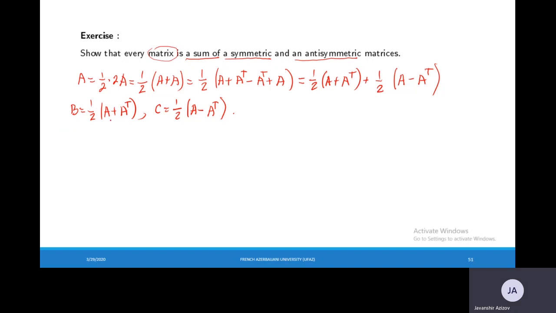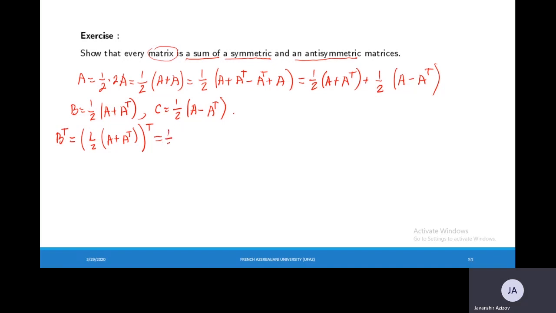Let's find the transpose of B. The transpose of B will be the transpose of this expression. Here we use the properties of transposition.